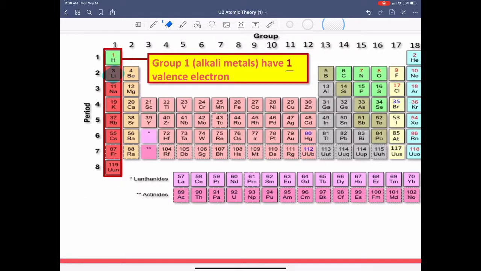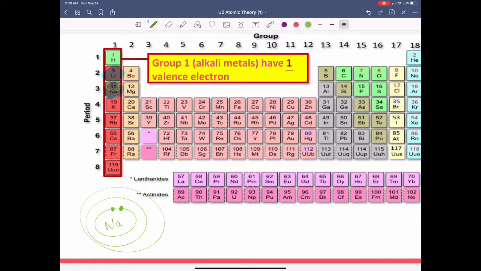Let's look at another example. Let's look at sodium in group 1. So here's sodium, Na, with how many electrons? 11. So I need to draw 11 total electrons around sodium in our Bohr model. My circles are a little crooked, but here's sodium.